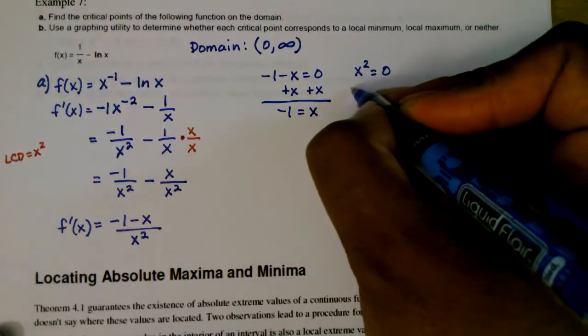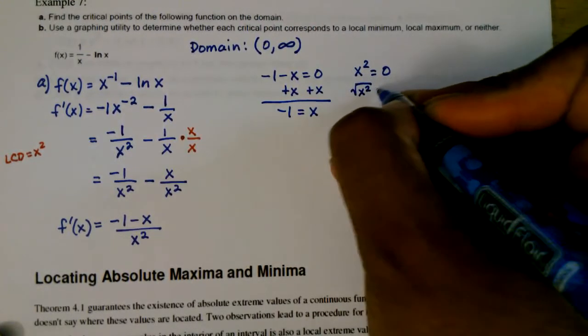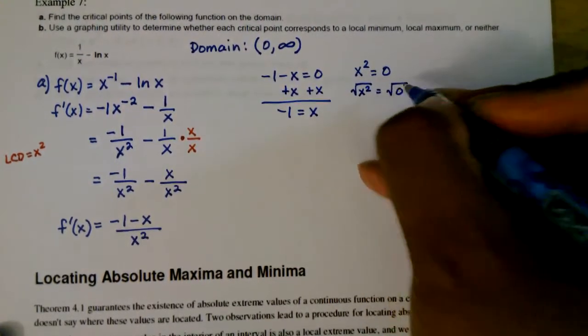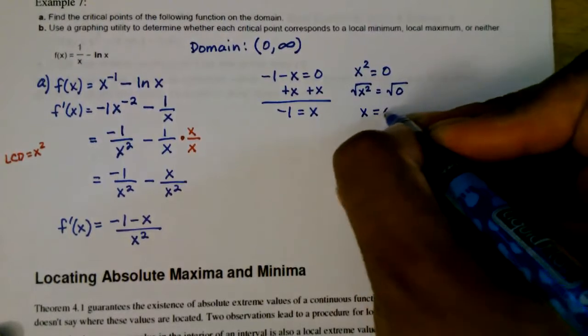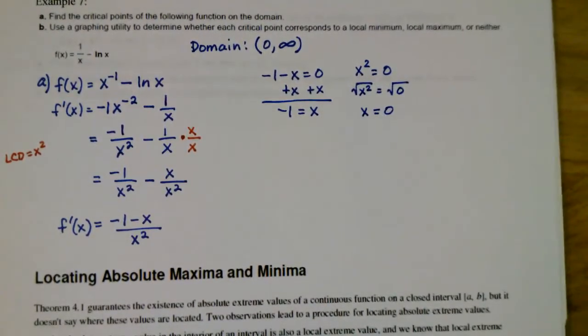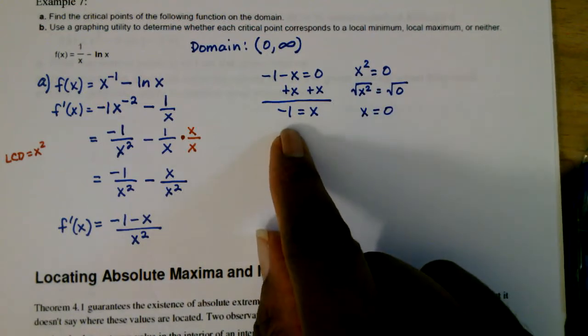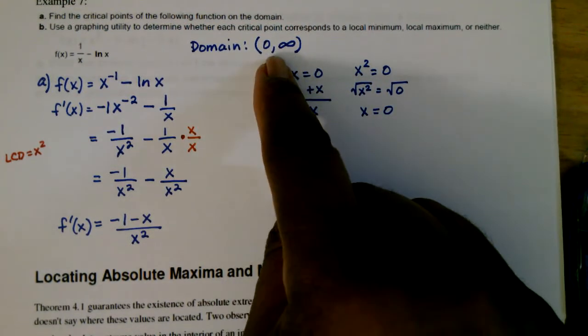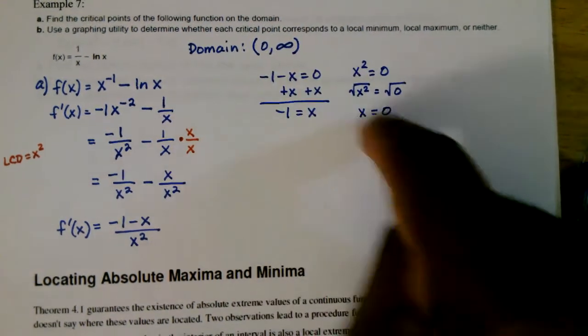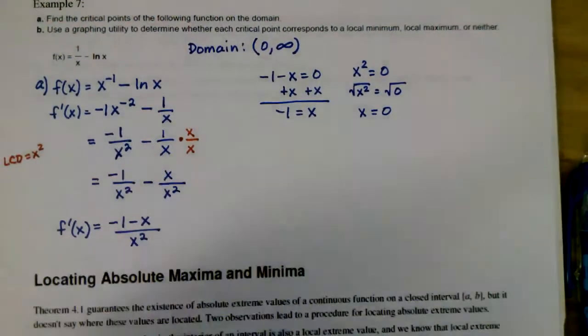And for x squared equal to 0, if I take the square root on both sides, we get x is equal to 0. We got a problem here. At negative 1, that's not in the domain. And 0 is not in that domain, 0 to infinity.